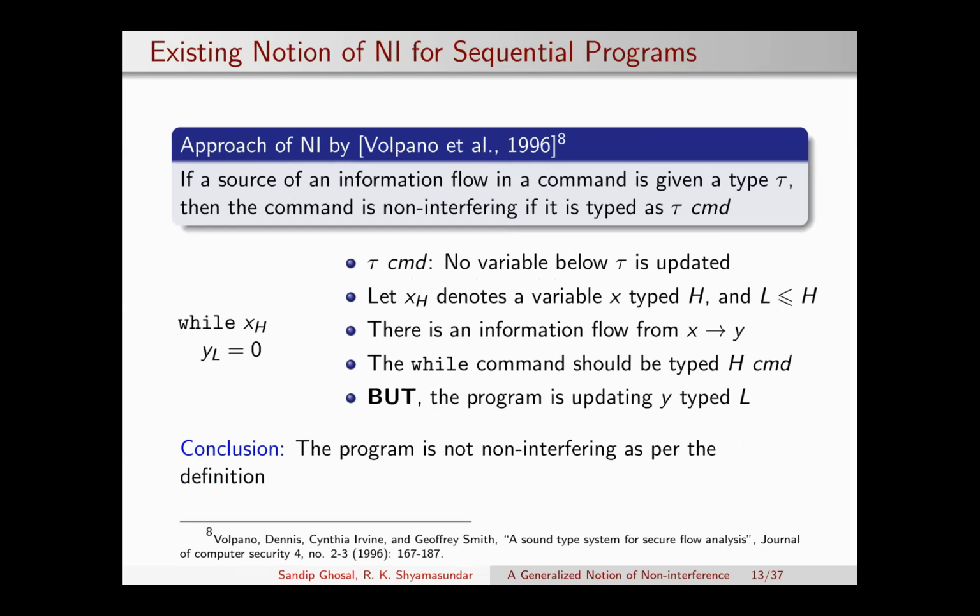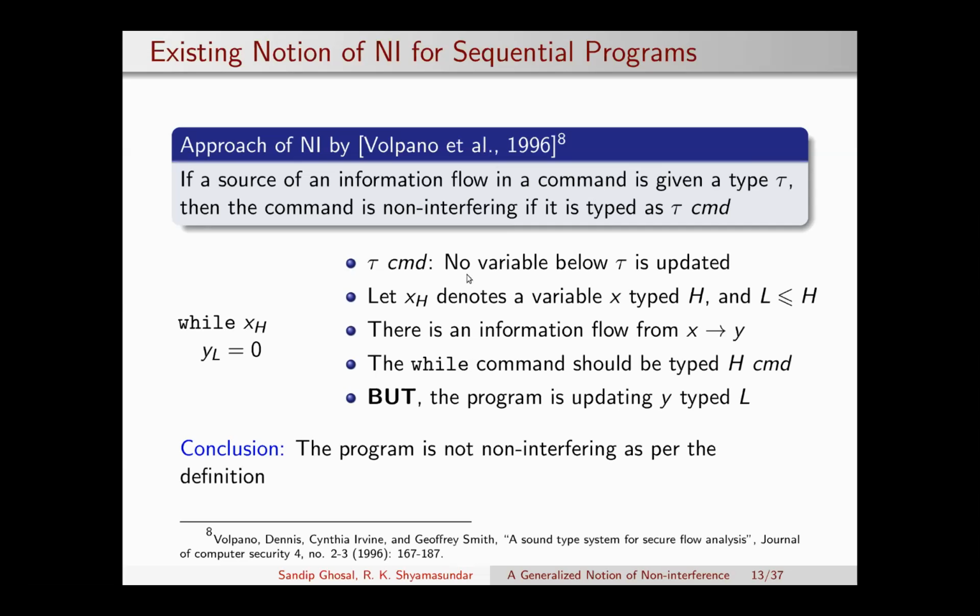Later, Volpano, Irvine, and Smith proposed a security type system as a semantic characterization of non-interference. They say if a source of information flow in a command is given a type tau, then the command is non-interfering if it is typed as tau command. Tau command means that there should be no variable below tau in that particular command that is going to be updated.